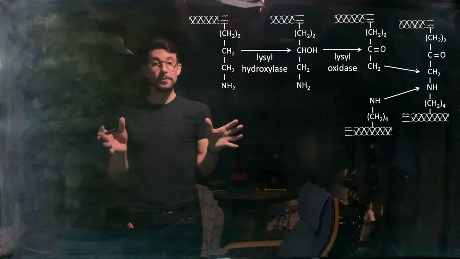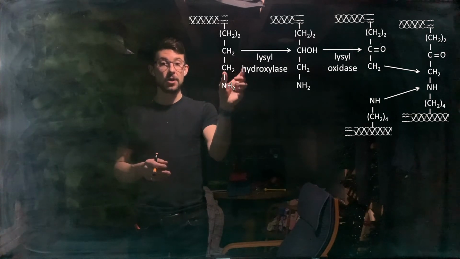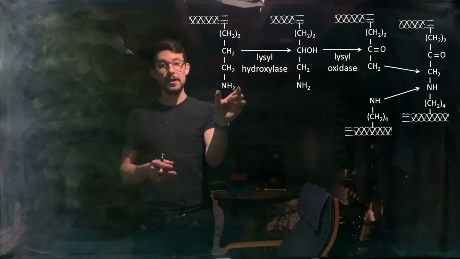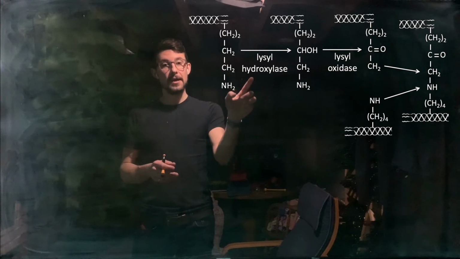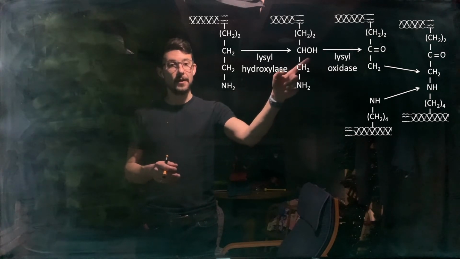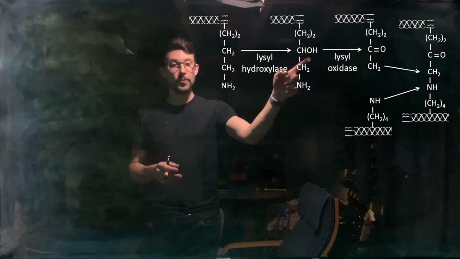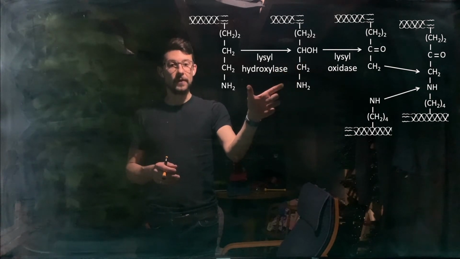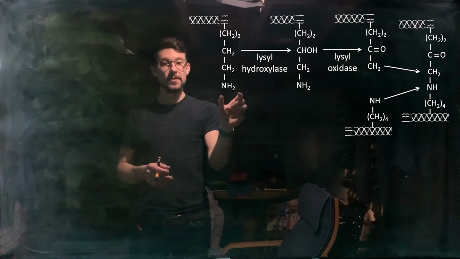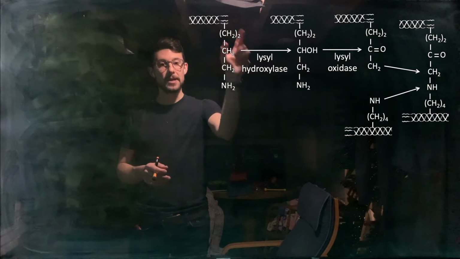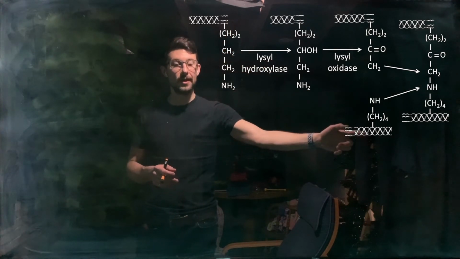And there are a couple of steps involved in this. First of all, the lysine side chain needs to be acted on by an enzyme, lysyl hydroxylase, that adds a hydroxyl group. This hydroxylation can happen either to the lysine side chain in the telopeptide region or the one in the triple helical region.